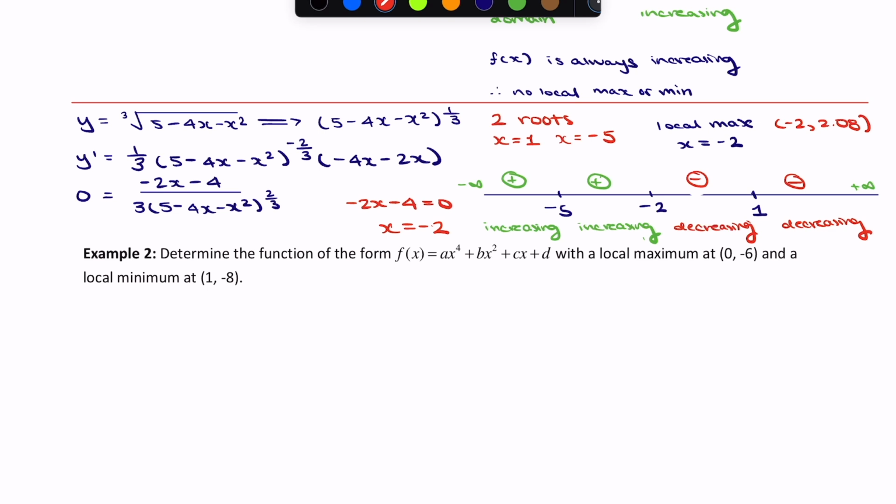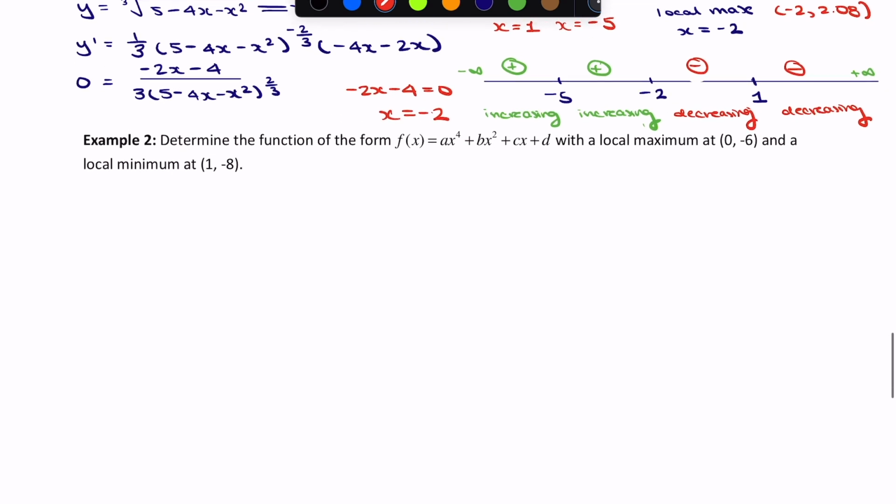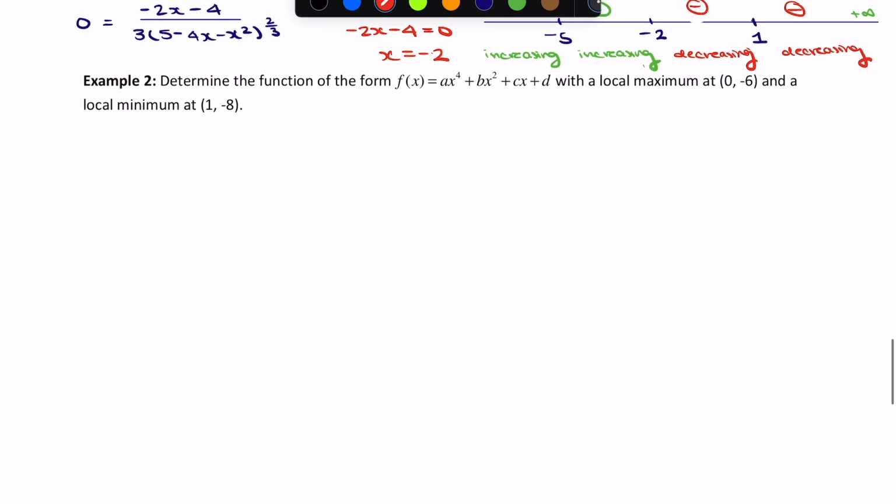Okay, so let's look at this last question here. It says determine the function of the form f(x) = ax^4 + bx^2 + cx + d with a local maximum at (0, -6) and a local minimum at (1, -8). So first thing we'll do here is sub in f(0) = -6.